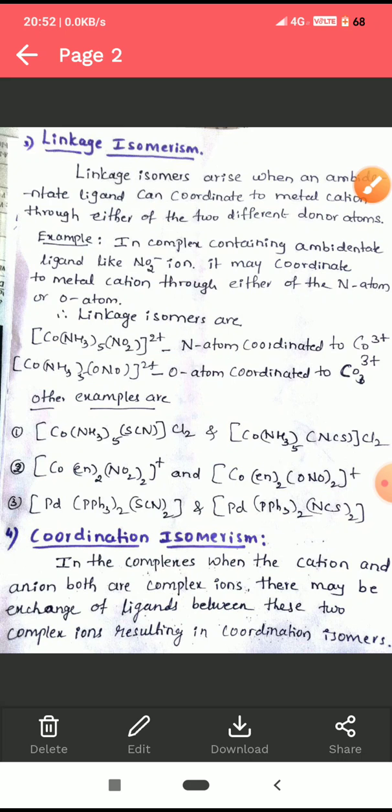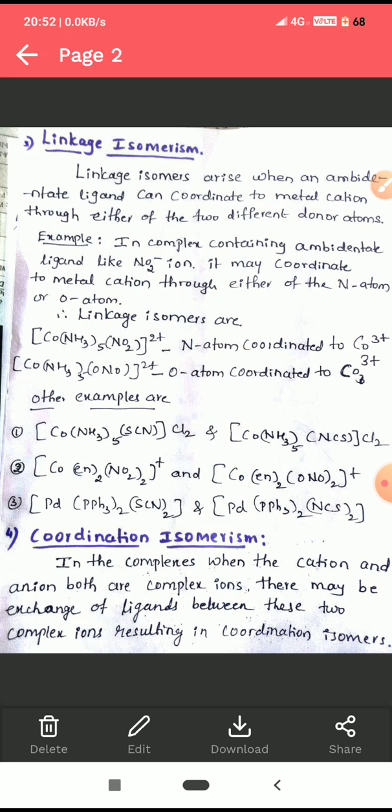Next one is coordination isomerism. This type of isomerism is possible when the coordination compound has two complex ions. The cation and anion are both complex ions. Normally in coordination compounds, one will be a simple ion and one will be a complex ion.